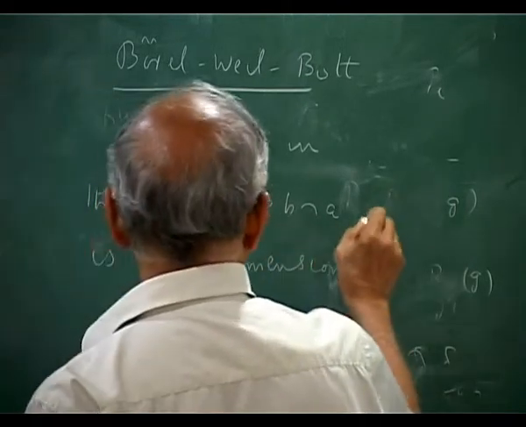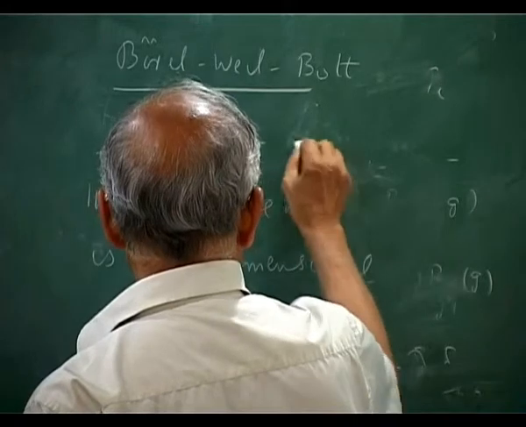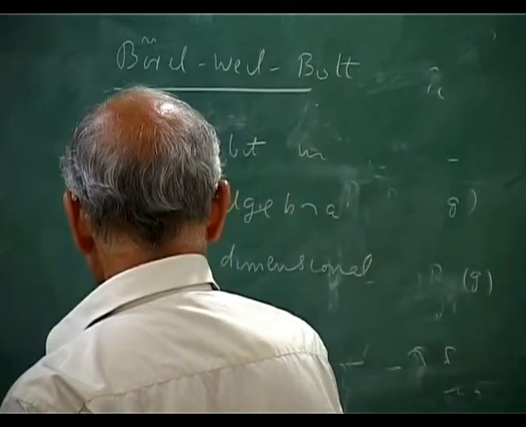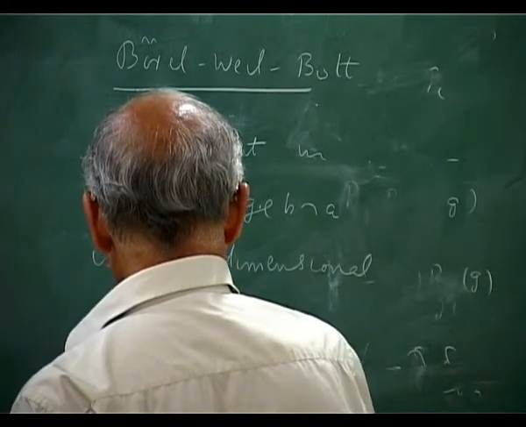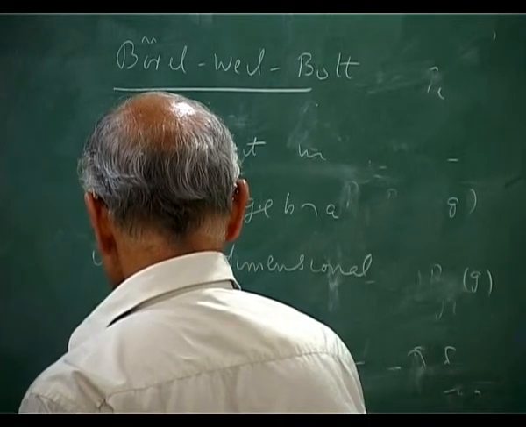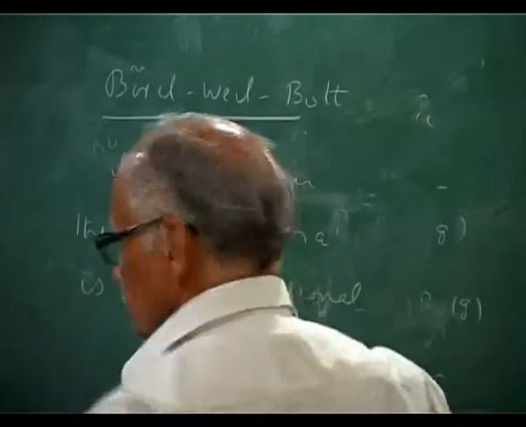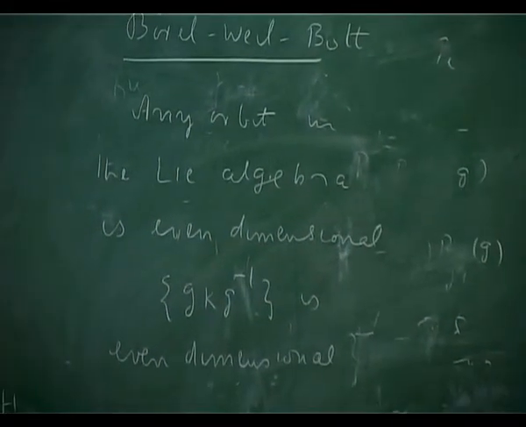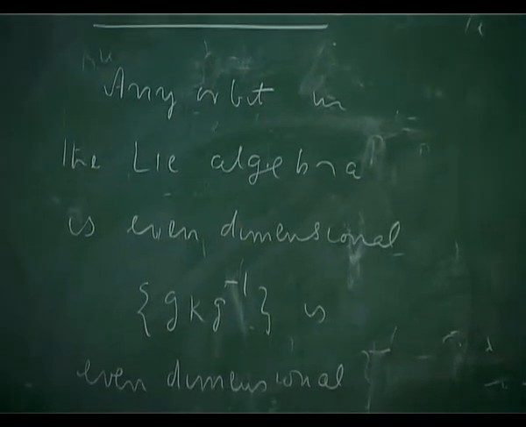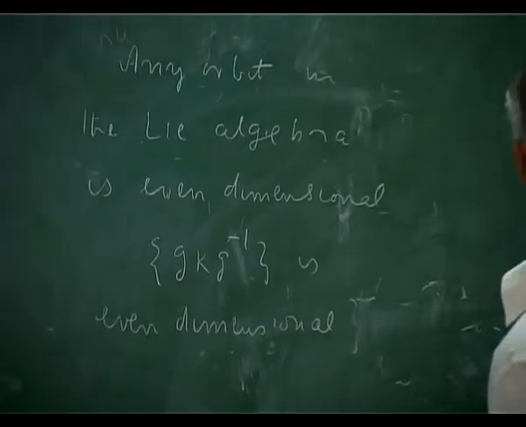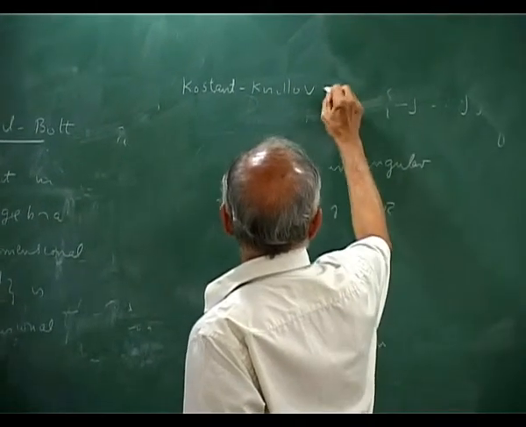That means this object g K g inverse is even. Statement 1. This result is due to Kostant and Kirillov, and also Souriau. If you take an orbit, it's not difficult again to prove.